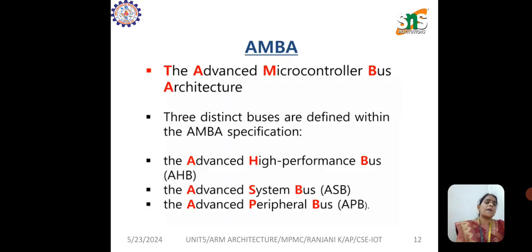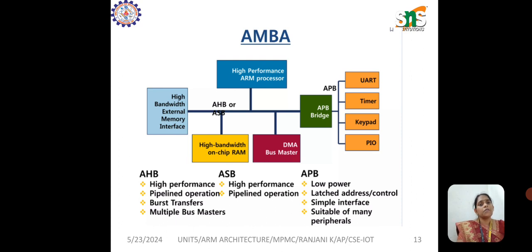So next is your AMBA bus, that is the Advanced Microcontroller Bus Architecture. 3 distinct buses are there in the AMBA specification. One is your AHB, that is the Advanced High-performance Bus. Next one is ASB, the Advanced System Bus, and the third one is your Advanced Peripheral Bus. So this is a block diagram of the AMBA bus.